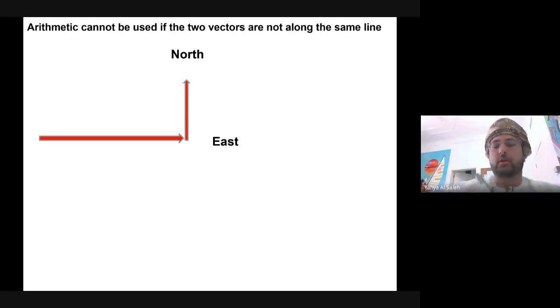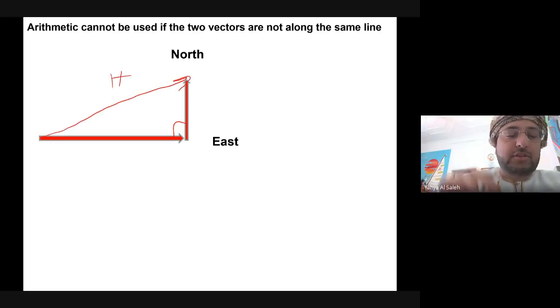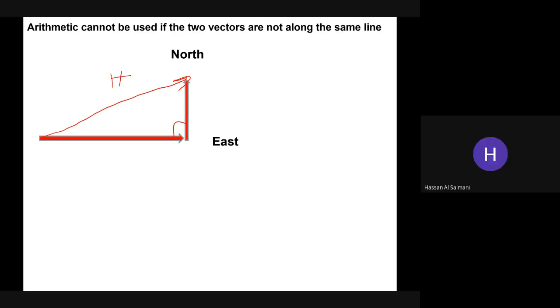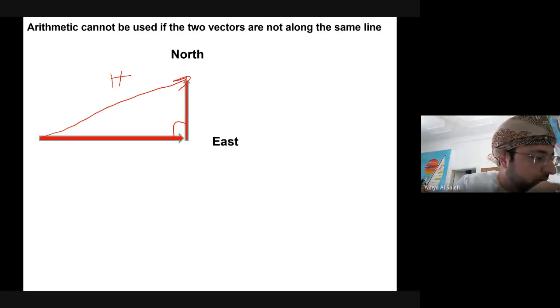Okay, so you're saying Pythagoras, because this is a right angle and we can find the hypotenuse using Pythagoras. Yes. Okay. Lubna in chat has said something. She's saying from the tail of the first vector to the head of the last vector. So from here to here.